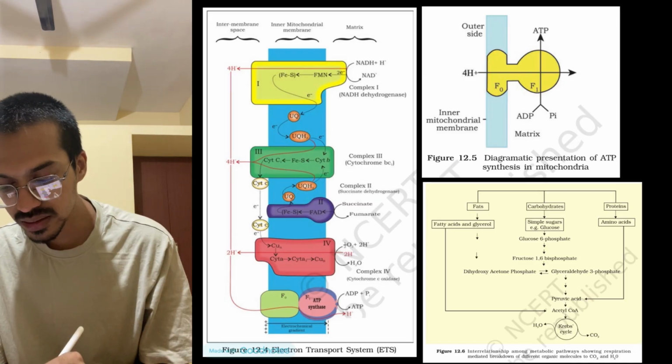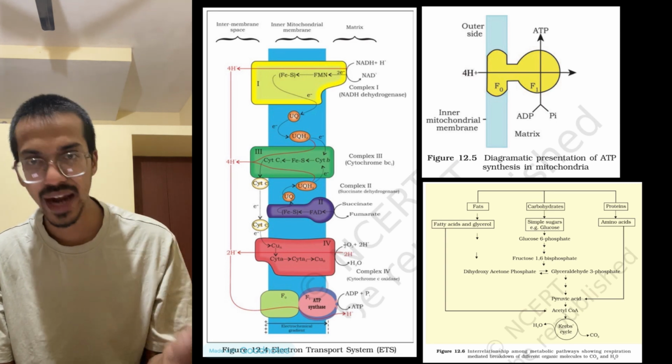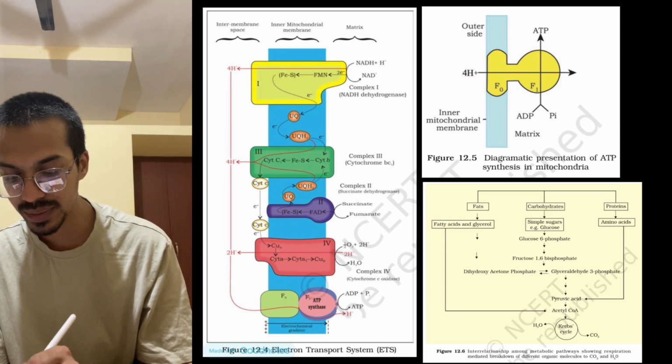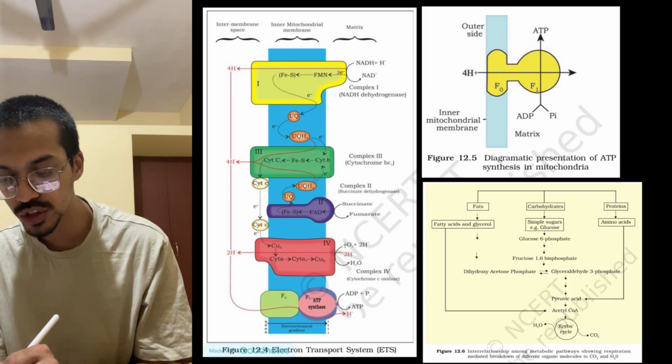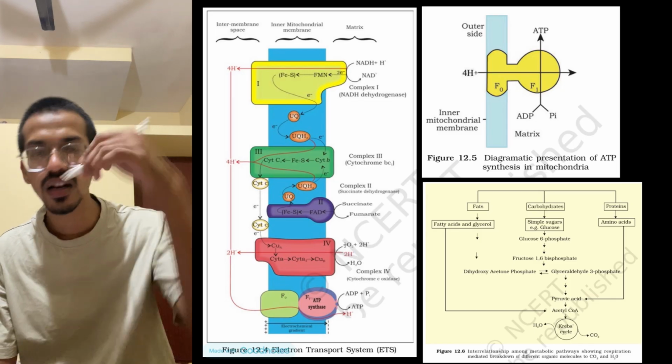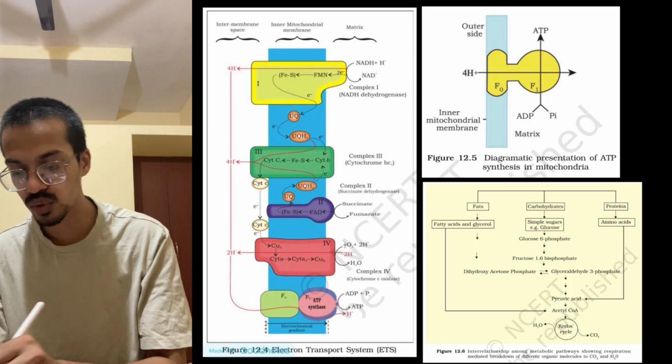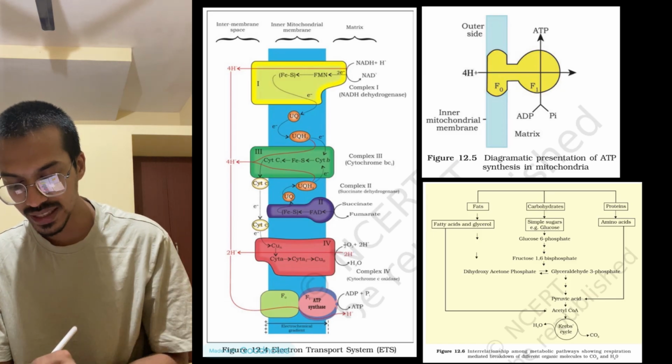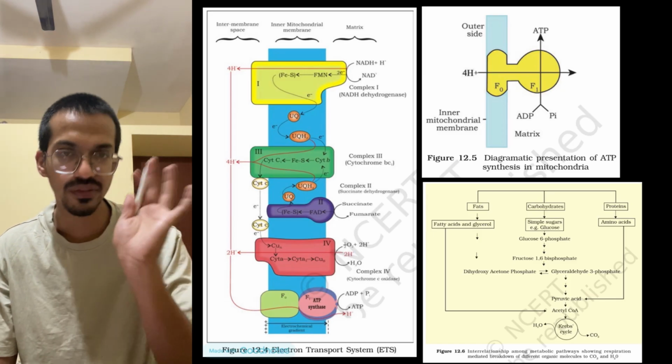Now what will happen is this thing will be broken down. The hydrogen as well as the electrons will be taken up by FMN. Hydrogen will be thrown into the intermembrane space, where the main aim is to increase the hydrogen content, so that if the hydrogen is more over here, we can easily take it to this side and make the ATP, which has to be done.